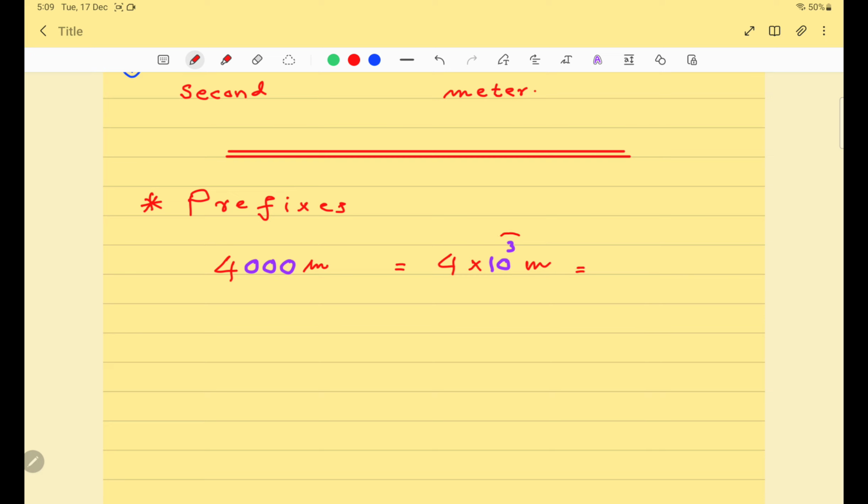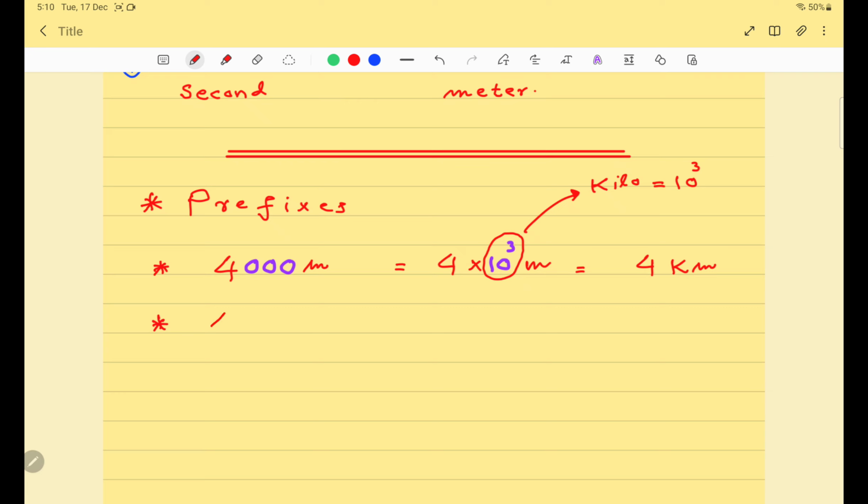And remember, this exponent 3 in physics is known as kilo. So 4000 meter in physics is expressed as 4 kilometer. And this kilo is known as a prefix in physics.